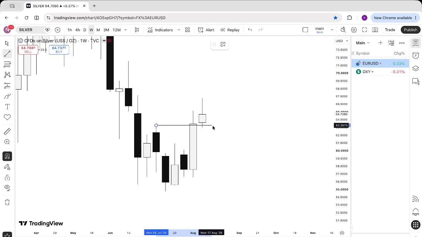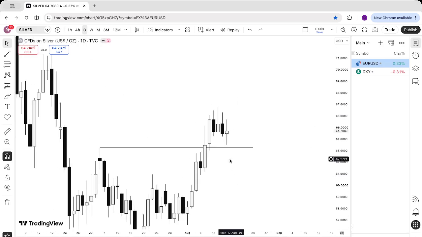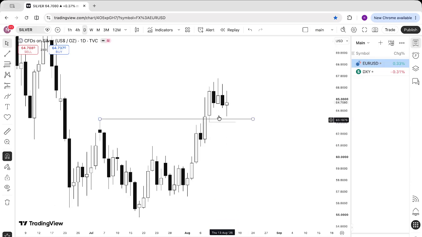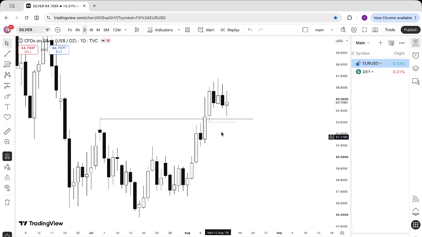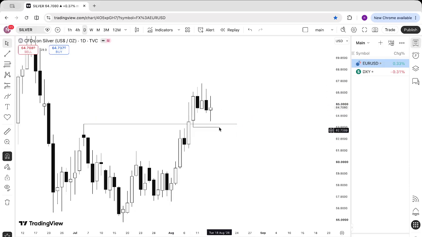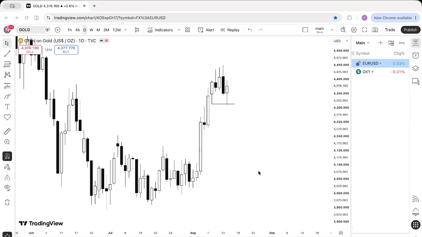And last week I was looking at this breaker because we closed above. So if silver is in a breaker and we reject this breaker on Monday, do I want silver to come down to this gap or any lower than here? No, right? So if I don't expect silver to deliver lower, am I going to expect gold to deliver lower if they're correlated?